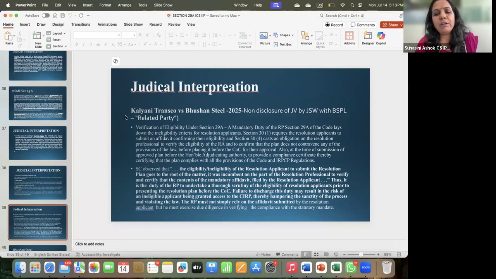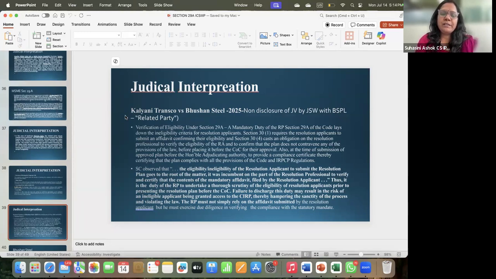Since ED was involved, we took clarification by an NCLT order and we proceeded. So likewise, in any such cases, if there is any ineligibility aspect or any issue, NCLT directions can be taken to protect the RP's interest.